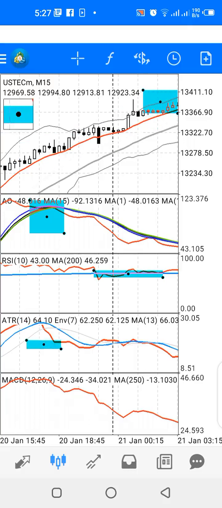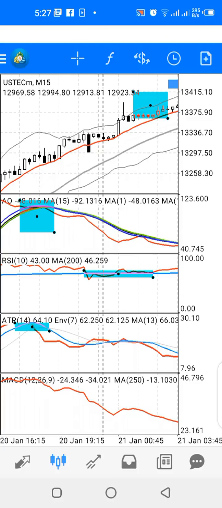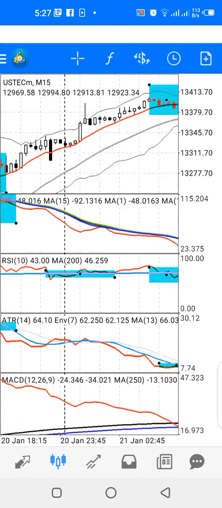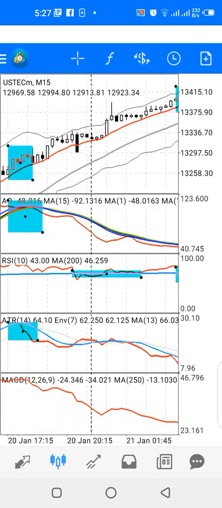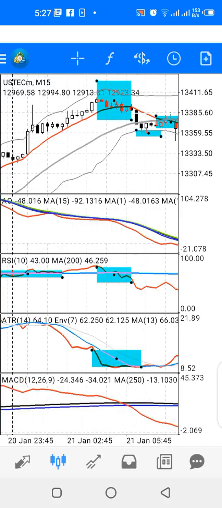Okay, now from this point to this point here is your swing, more like your impulsive swing. So indicator window 3 will tell you the swing. Is it swing high or swing low?